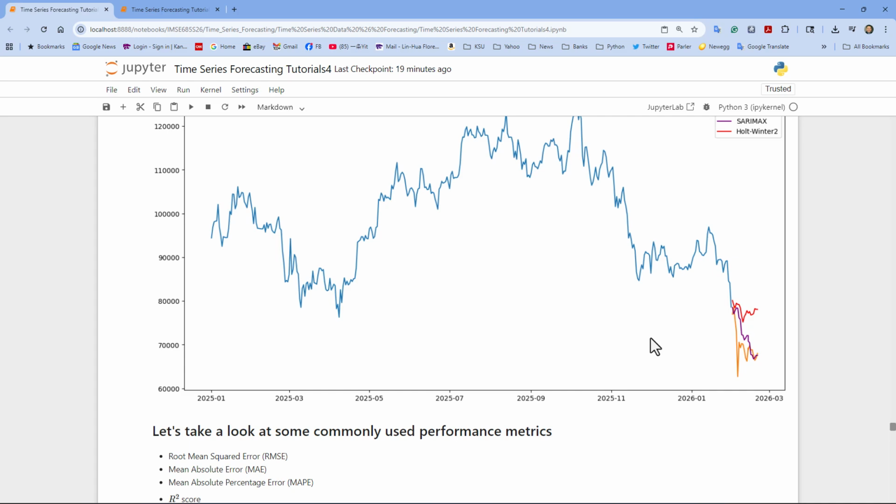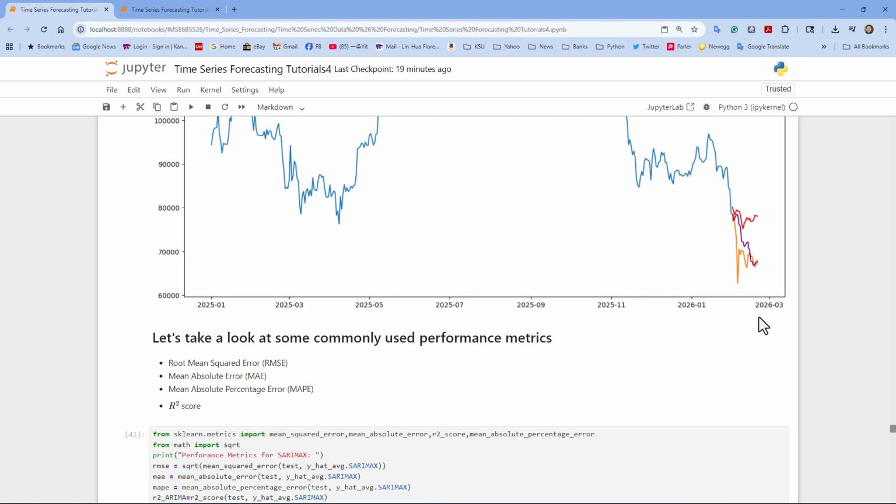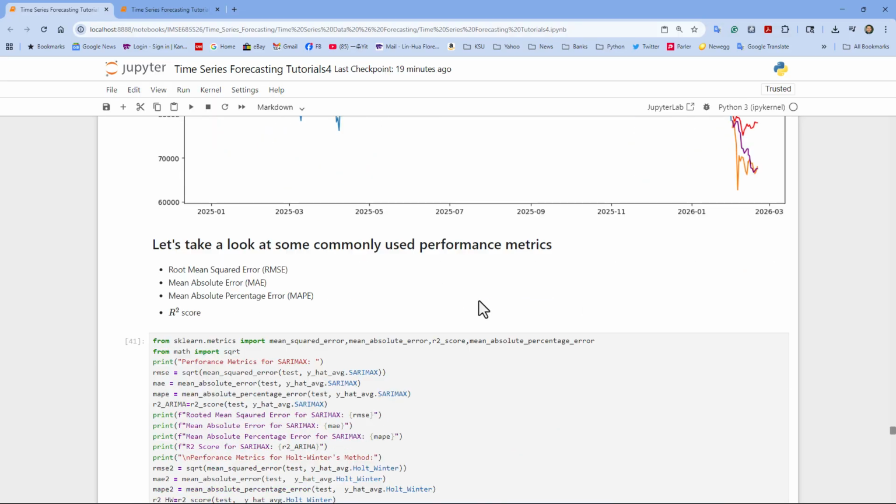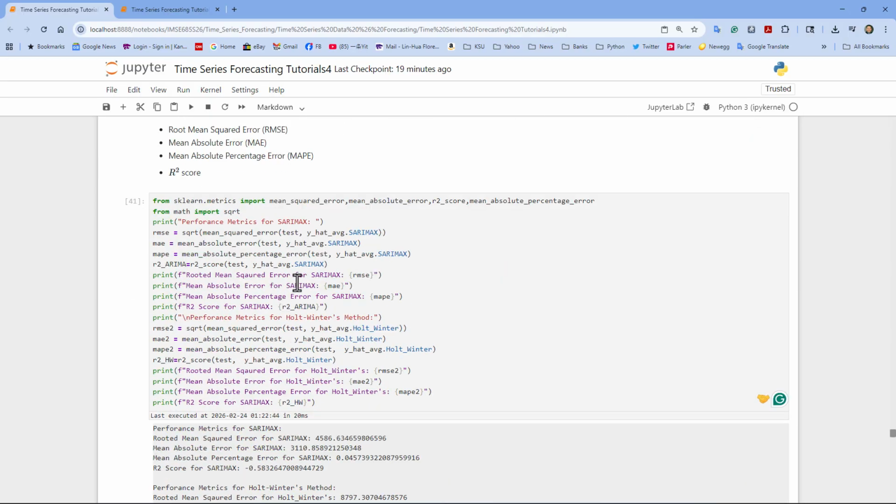Okay. Just visualizing the forecast data against the test data, it looks like the SARIMAX model does a slightly better job capturing the downtrend in the very last month or so. And to evaluate it using some formal performance metrics, here I listed four: root mean square error, mean absolute error, mean absolute percentage error, and the R-squared score, to compare both methods.